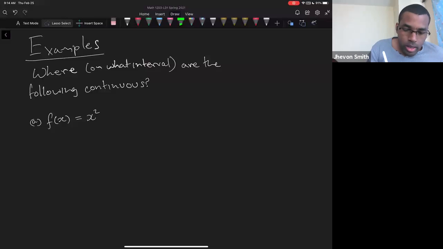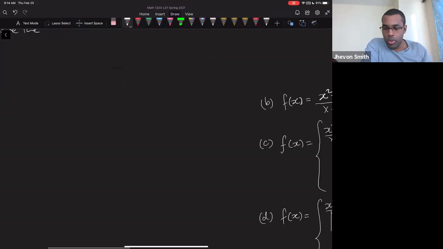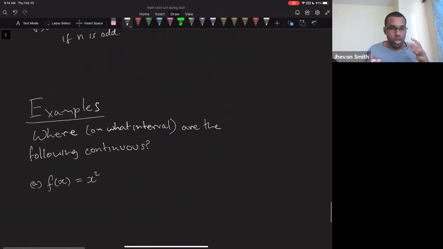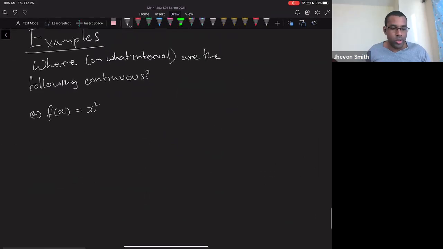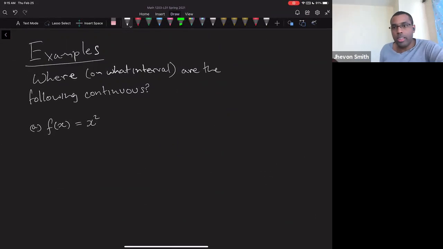Okay, so the first couple we are going to do very painstakingly, even though the answer is obvious. This one is a polynomial, but I'm going to show you how someone would go through and verify all the things I was telling you. And when we get to examples like C, D, and E, it's really going to start to look closer to what I would actually test you on. But to just go through the motions here a little bit abstractly.